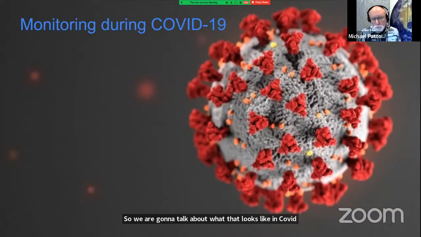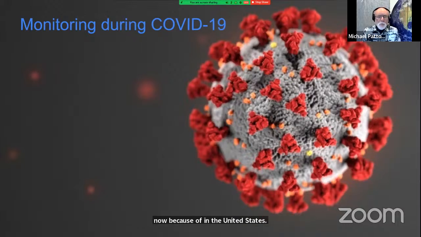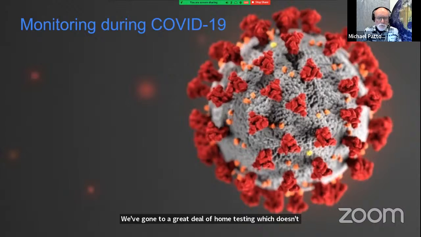COVID has had huge amounts of monitoring in the health systems, trying to monitor the numbers of people who got COVID. This is a big issue right now because in the United States, we've gone to a great deal of home testing, which doesn't get reported into the overall health statistics.